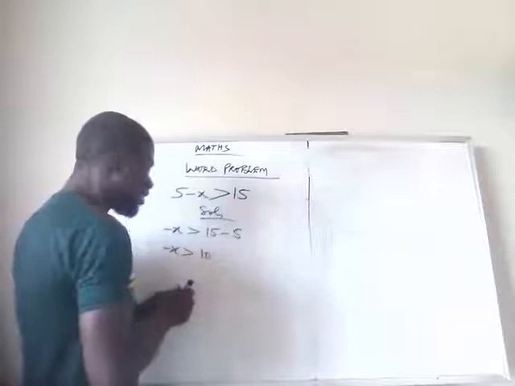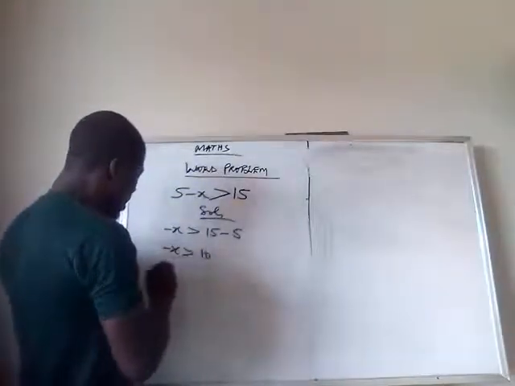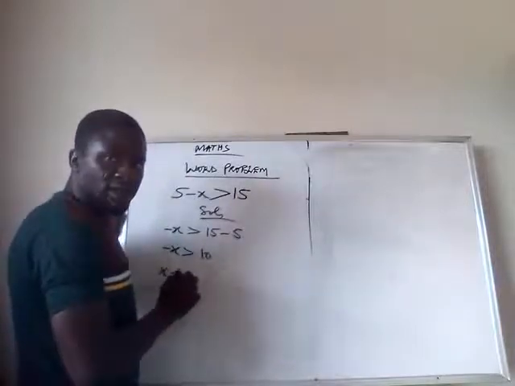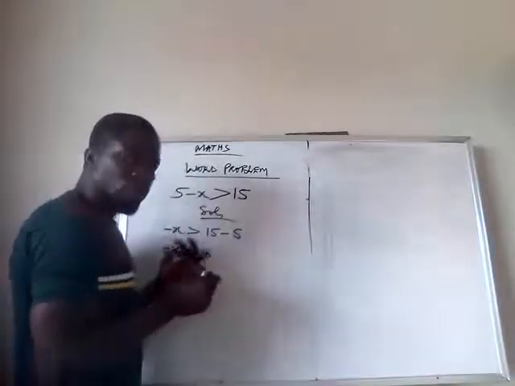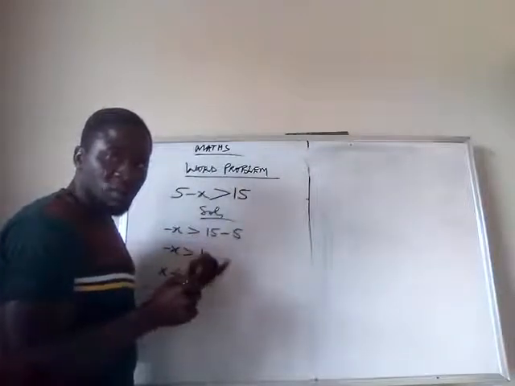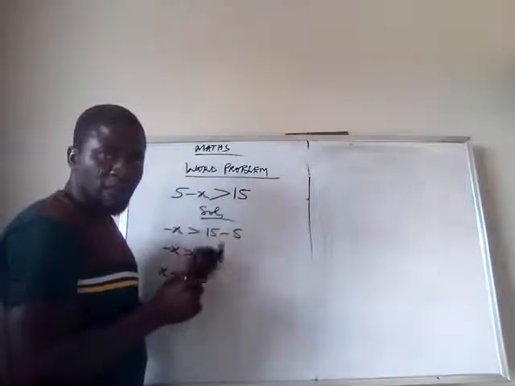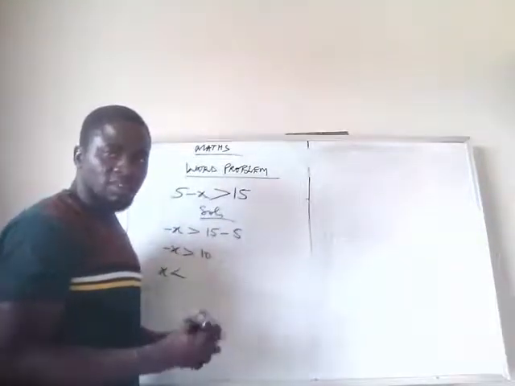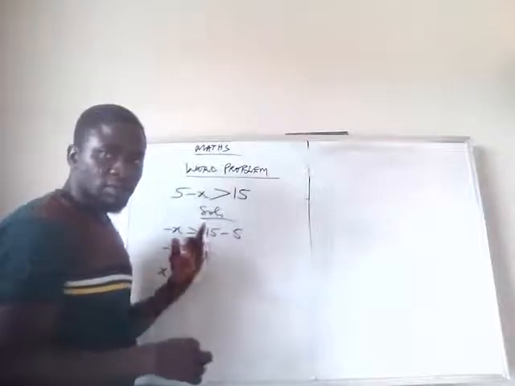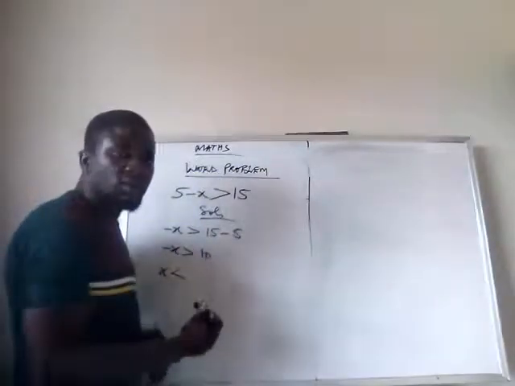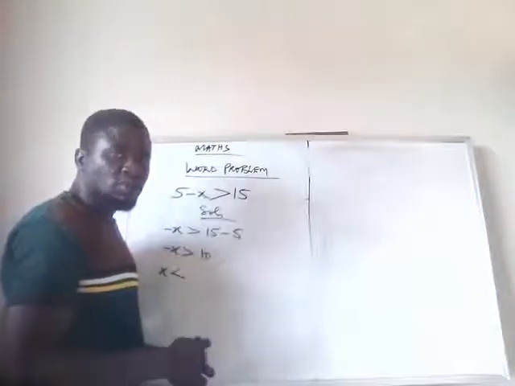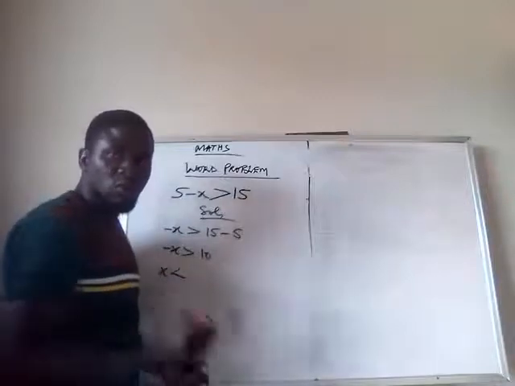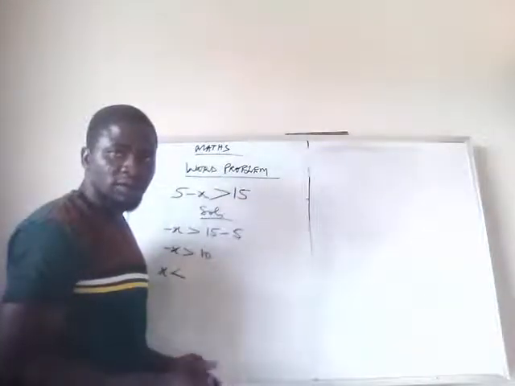When you multiply both sides by minus 1, you will have x is less than... From what I told you in our last lesson, when you multiply an inequality by a negative quantity, the sign changes, that's when it's true. But if this inequality sign did not change, you are just wasting your time because you have already failed it.